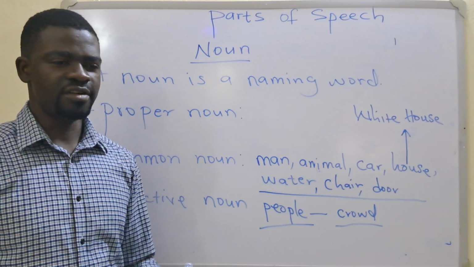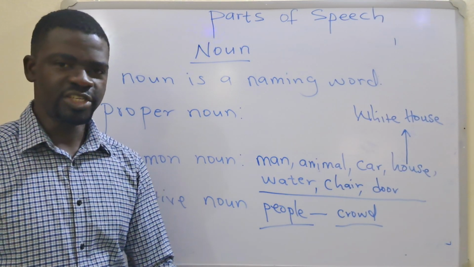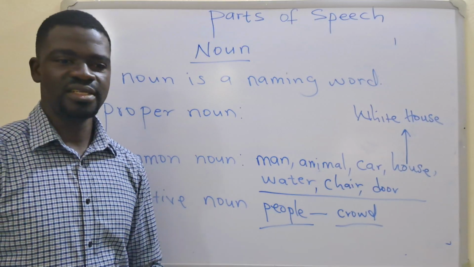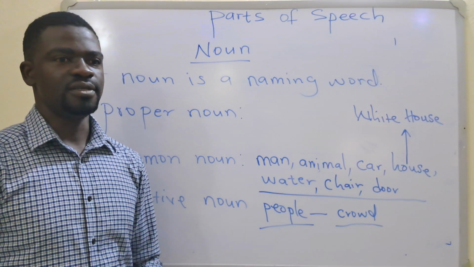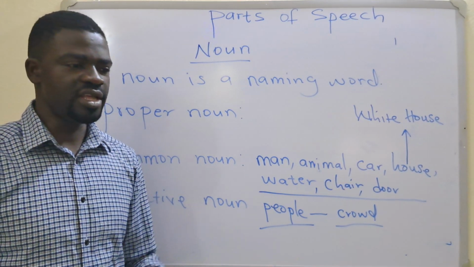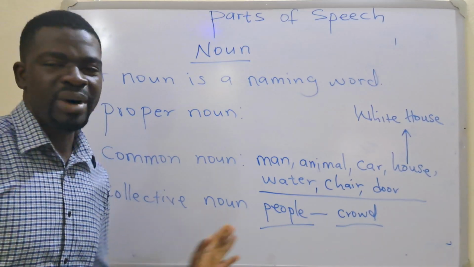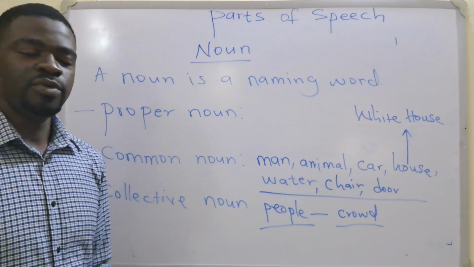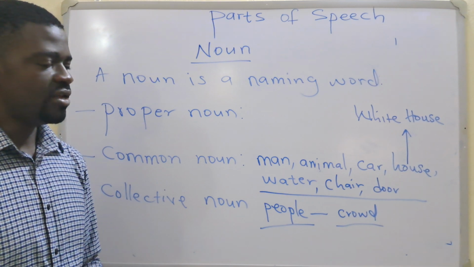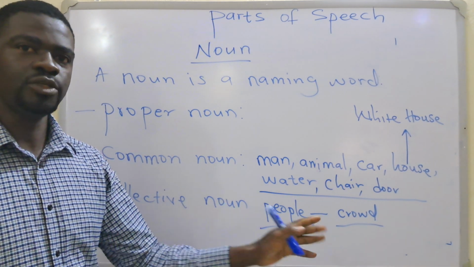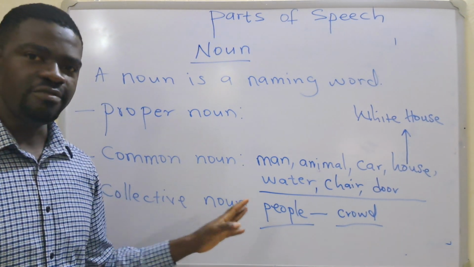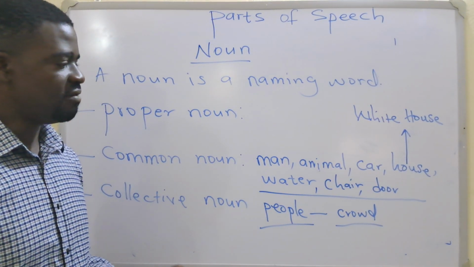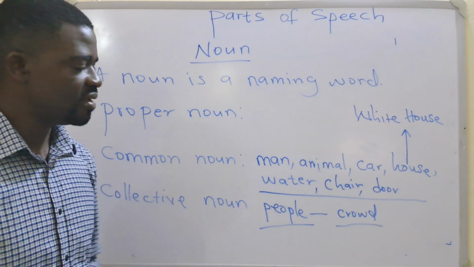If you have a lot of musicians, say the singer, the guitarist, the drummer, the pianist, you put all of them together, you have a band, a band of musicians. Even animals, when you have a group of animals, you can have a herd of cattle, a flock of birds, and you have a hive of bees.